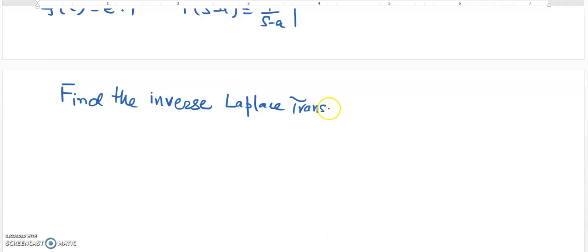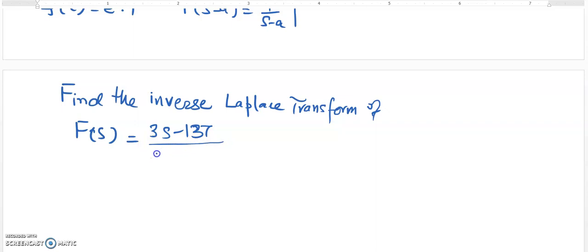one example. So for example, find the inverse Laplace transform of f of s equal to (3s minus 137) over (s square plus 2s plus 401).